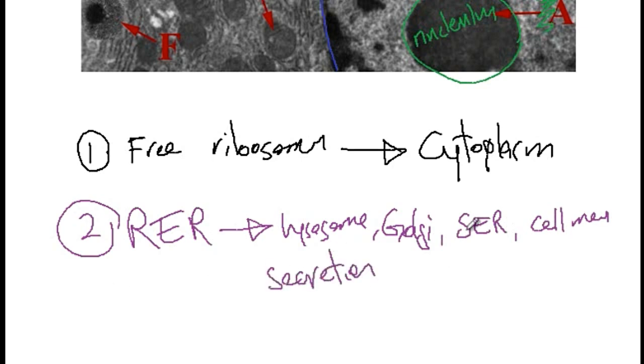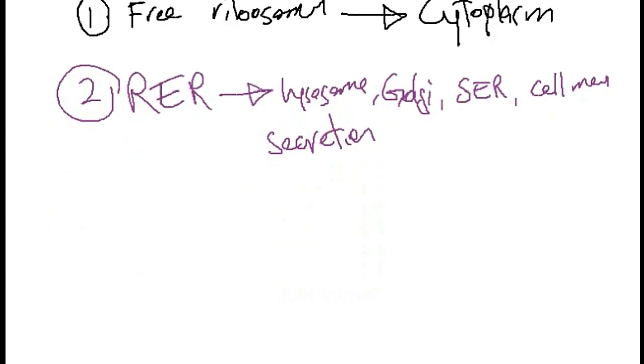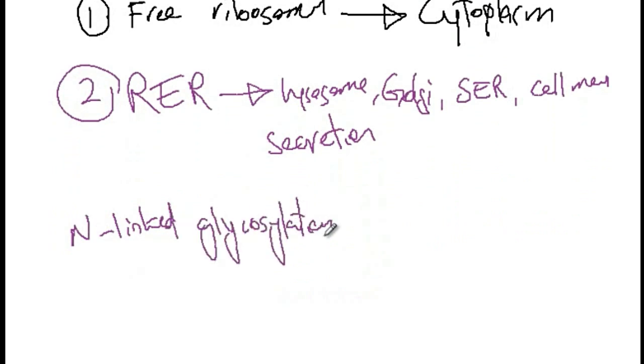Now, in addition, rough endoplasmic reticulum has one other function, and it's N-linked glycosylation of proteins. So a glycan, also known as a sugar molecule, will be added to the nitrogen of the asparagine, and through that, glycoproteins will be made.